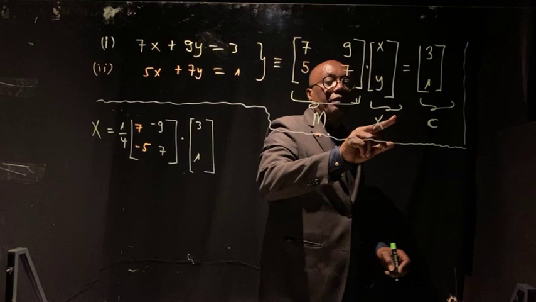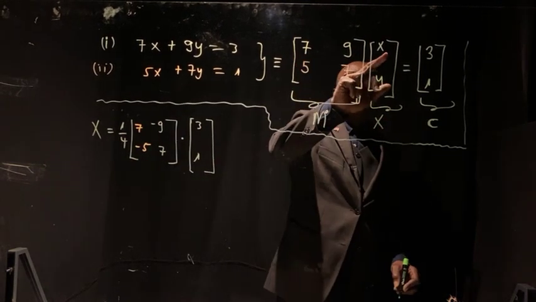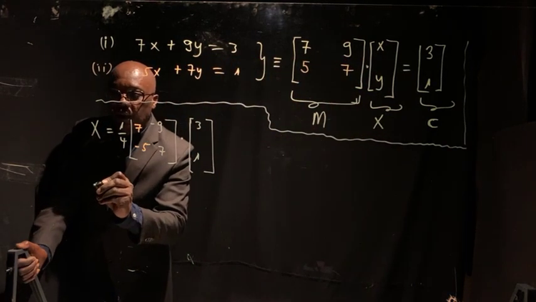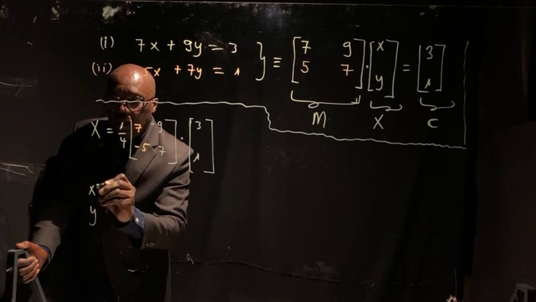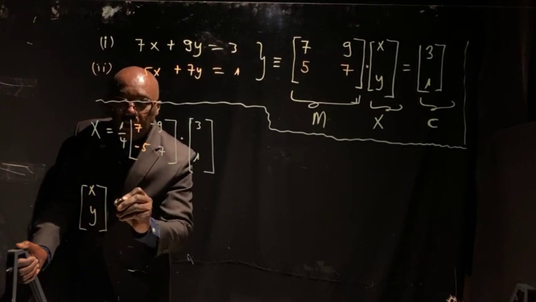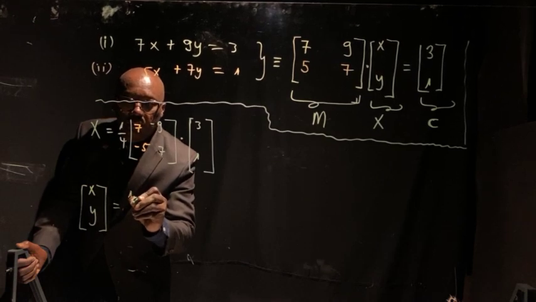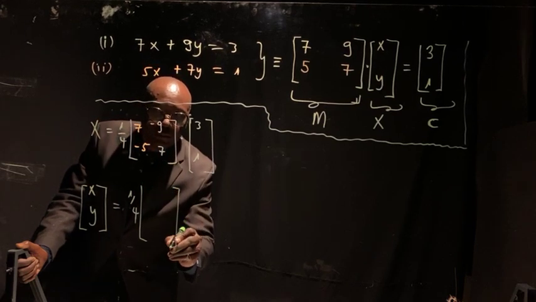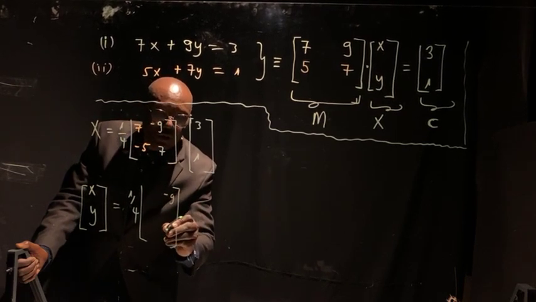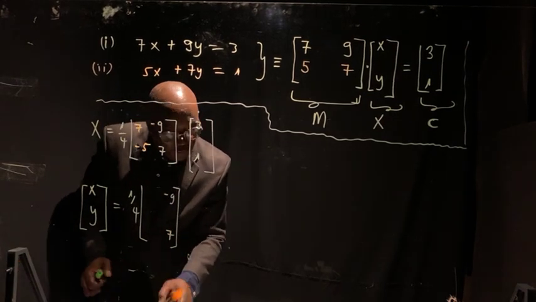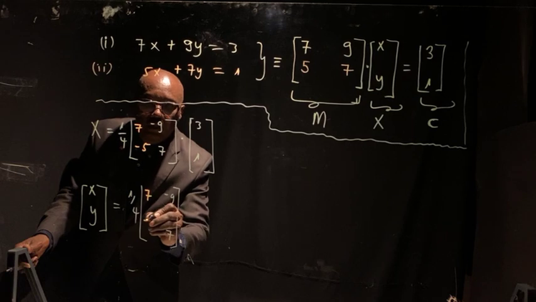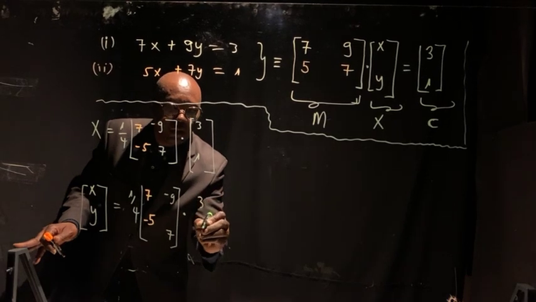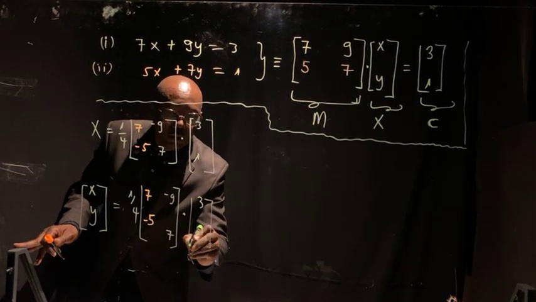And the big X, which is this one, becomes small x and then y, equal to 1 over 4, and then you have minus 9, 7, and you have 7, minus 5, and then a product of 3 and 1. Good.